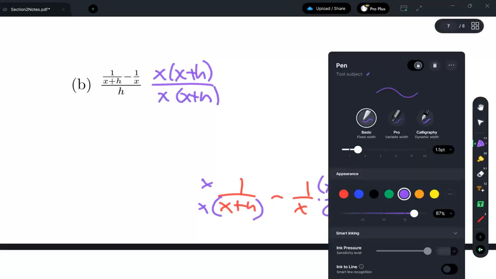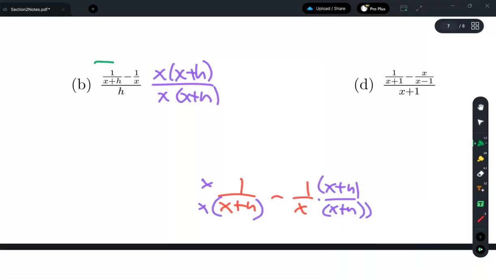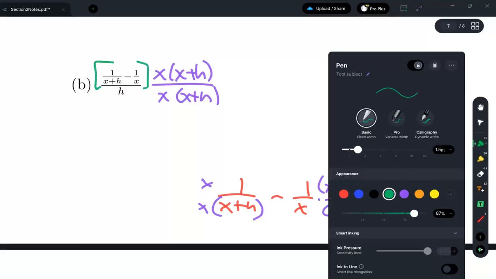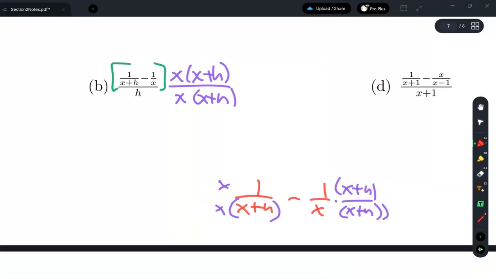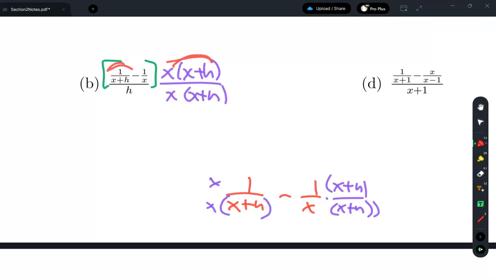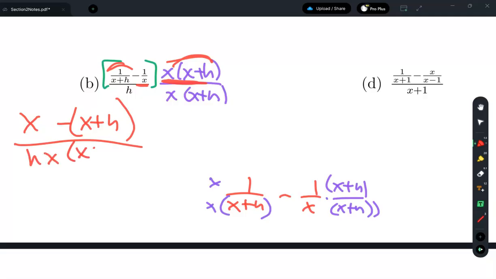Then let's go through, and I want to make sure that you're canceling as you go. This term times this, the x plus h's cancel, so I'm left with an x. And then this term times this, the x's cancel, so I'm left with x plus h, and I know I have a subtraction sign, so I keep the parentheses and do not multiply the denominator out.